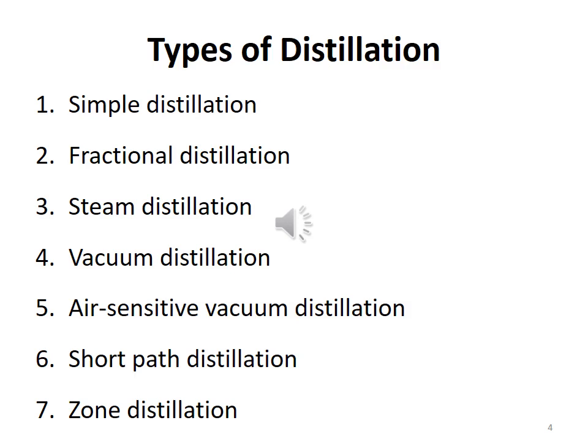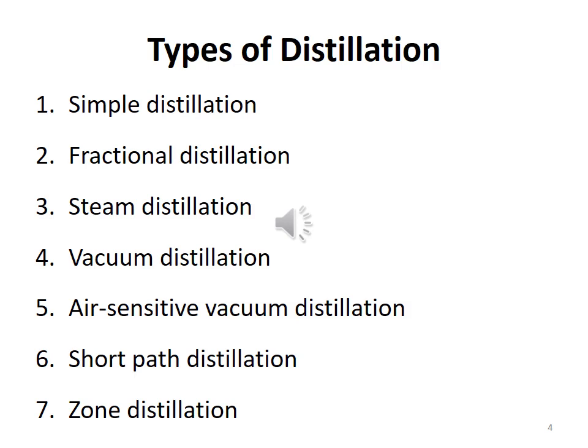Third one is steam distillation, that is used to separate heat sensitive components from the mixture. Number four is vacuum distillation, and this vacuum distillation is ideal for separating mixtures of liquid with very high boiling points.